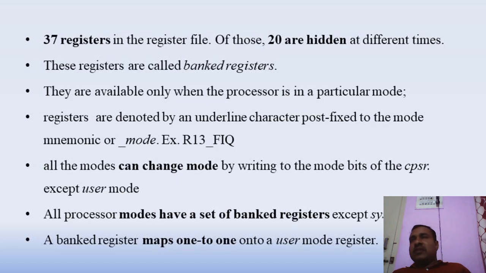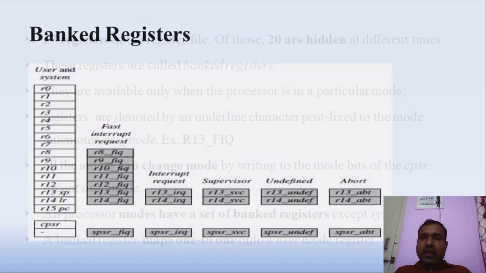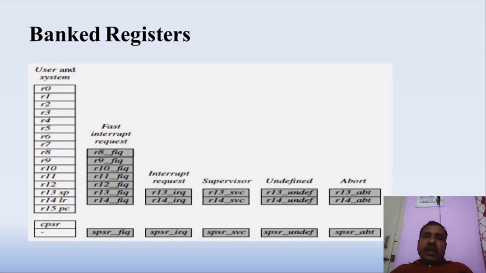Each processor mode has a separate set, except system mode. A banked register maps one to one onto the user mode register.